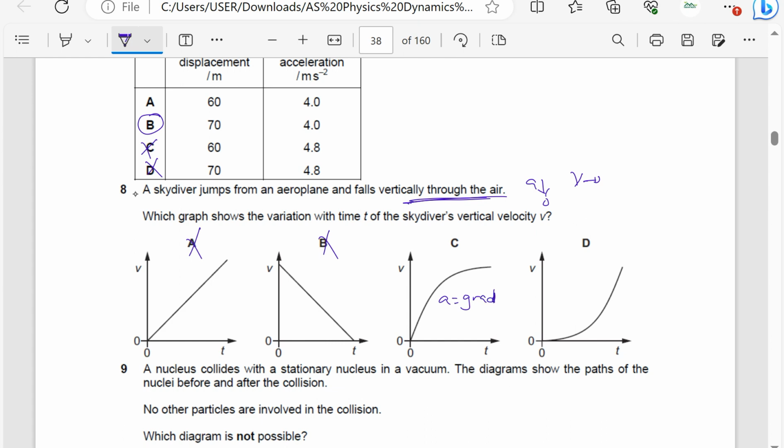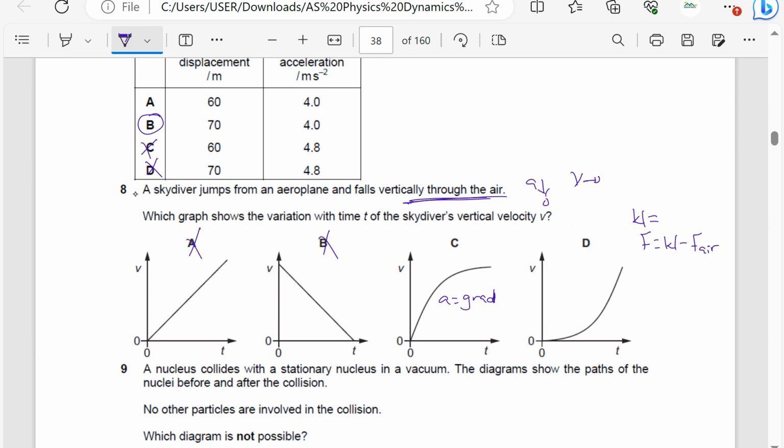Remember, the acceleration equals the gradient. And we have said if you are falling in air, the resultant force decreases. The resultant force is equal to the weight minus the force due to air resistance.